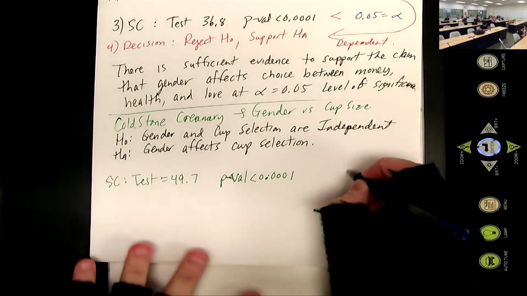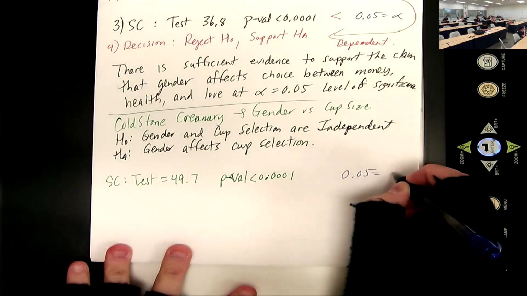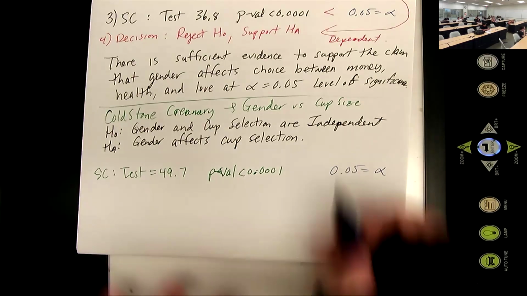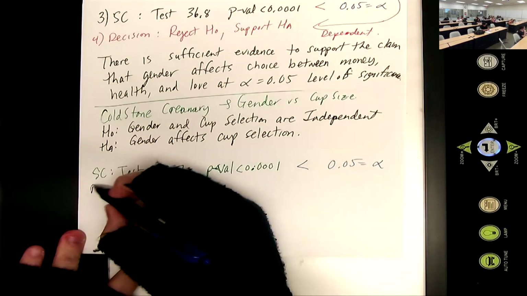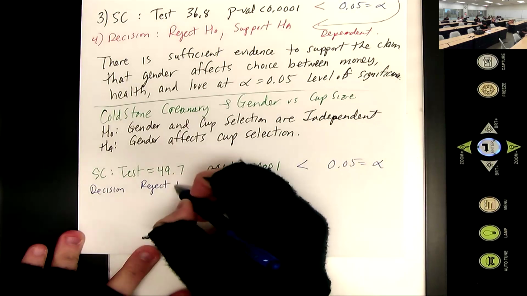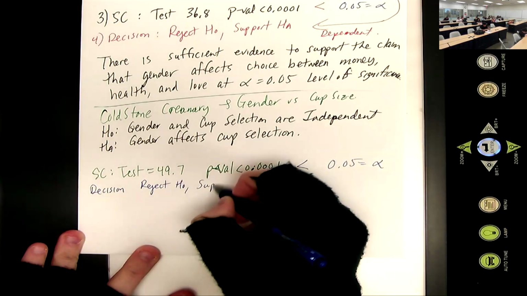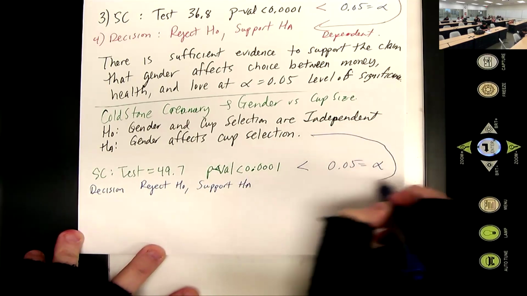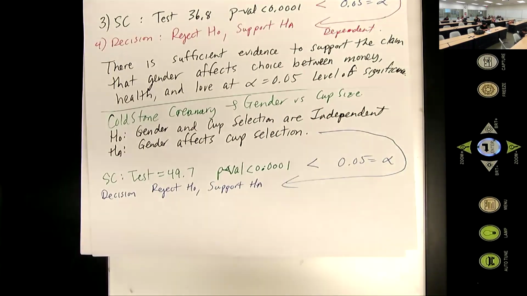Alpha was given to us at 0.05. Is the p-value less than or greater than alpha? So what is our decision gonna be? Reject H naught. Support HA. And HA is gender affects cup size.